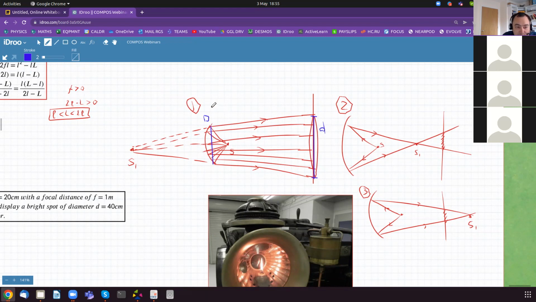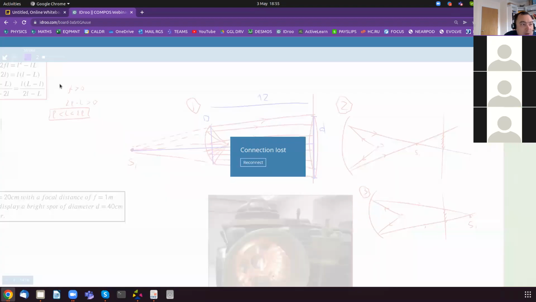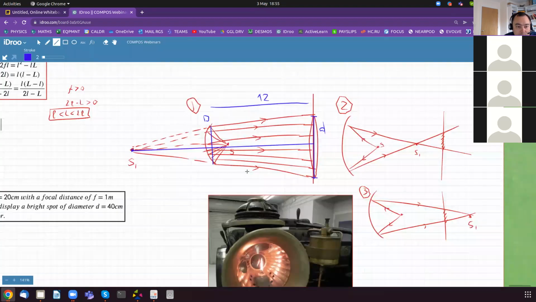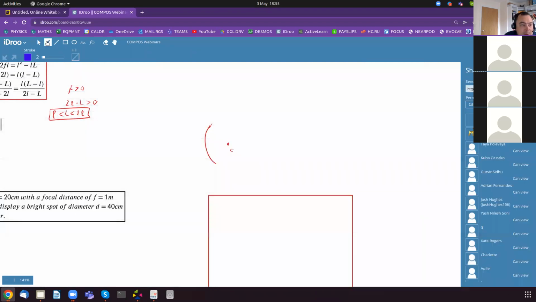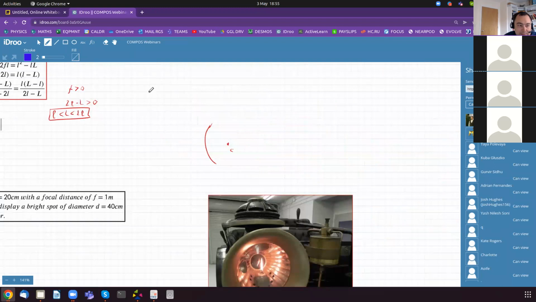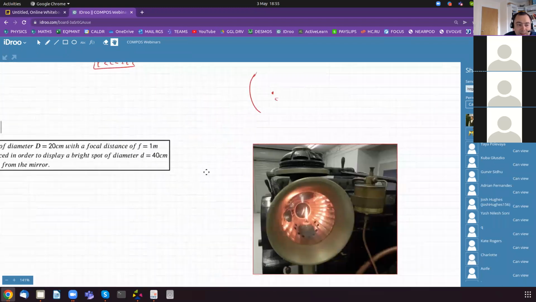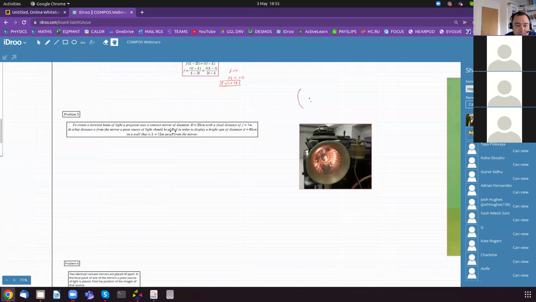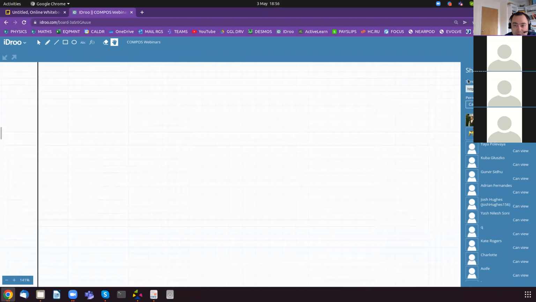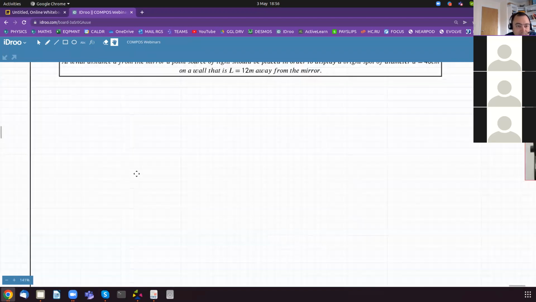Now we know that this is 12 meters. And what else do we know? Yeah, I was afraid of that. Okay, well, that means we can redraw the diagram.